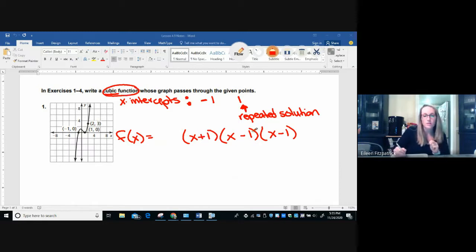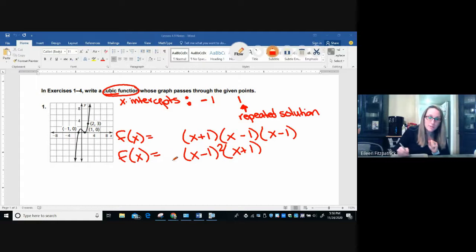If I set each of these equal to 0, I get -1, 1, and 1. The 1 is a repeated solution, as I pointed out, because it just touches on the graph, okay? Now, I can write that in a more simplified way: x minus 1 squared and then x plus 1.